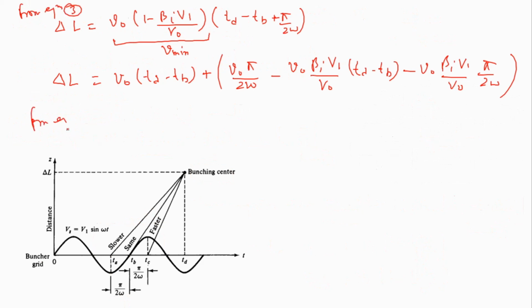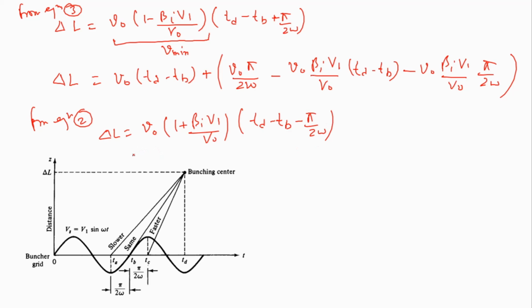Now from equation number 2, our delta L would be the maximum value, V0 into 1 plus beta I V1 divided by V0, into TD minus TB minus pi by 2 omega. This can be rewritten as V0 into TD minus TB, similar multiplication you do, plus V0 into 1 into minus pi by 2 omega, so this will be minus V0 into pi by 2 omega.